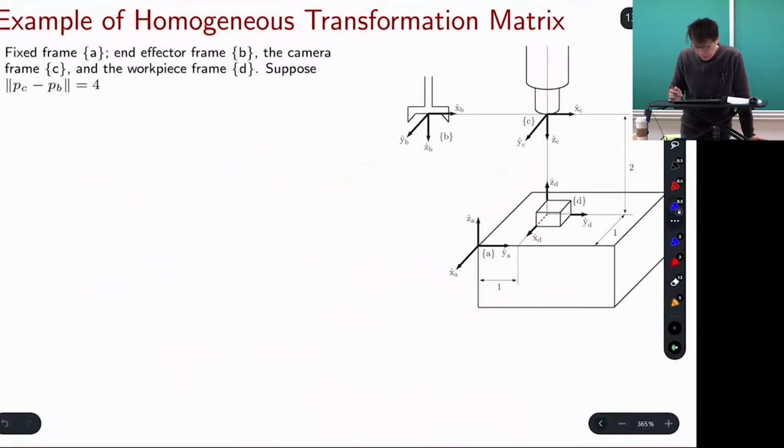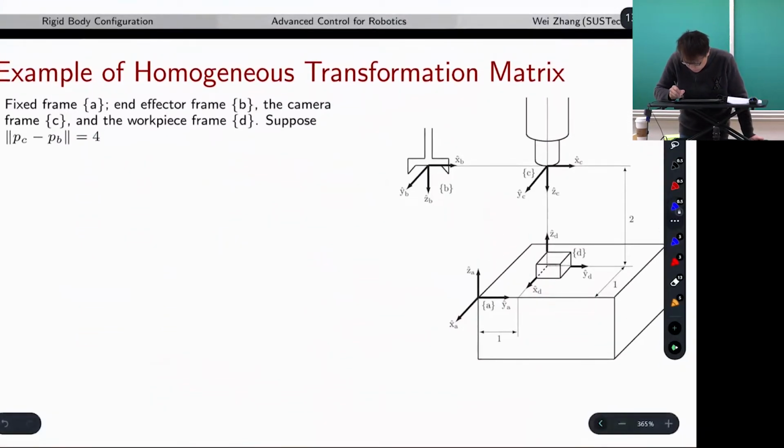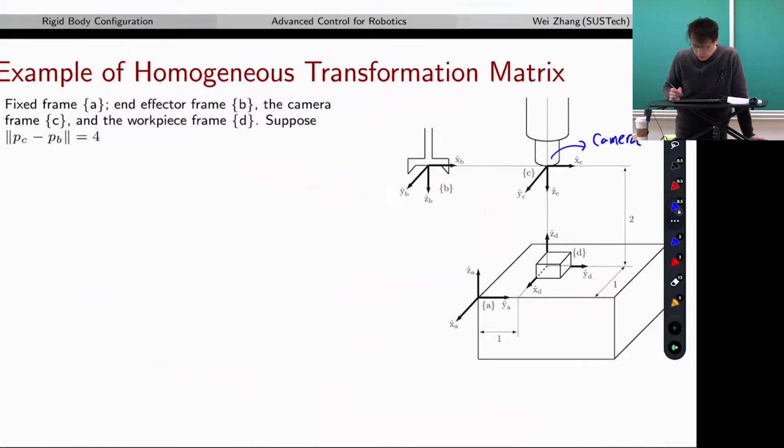Let's have an example, almost like a trivial or toy example. Let's think about a robotic arm with a camera mounted at the end effector. This is my workspace, a table. B is the end effector. This guy is the camera.